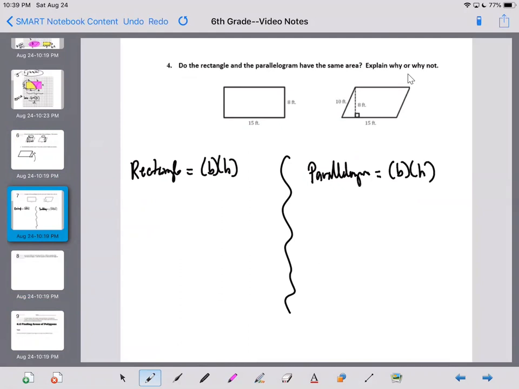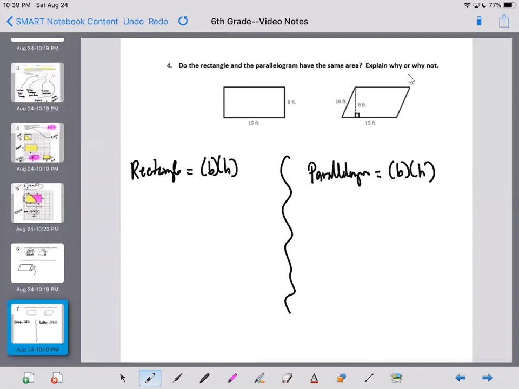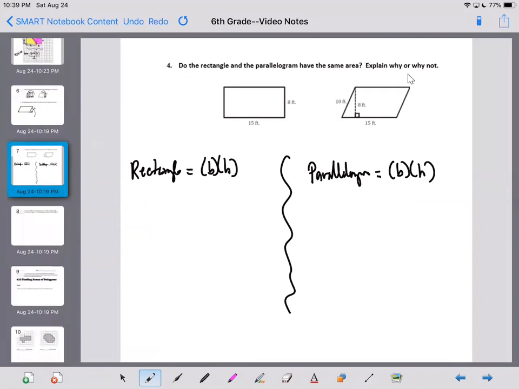And we know that based on some of the previous deriving of those formulas, and you can go back and look at that again. But with the rectangle, that area is going to be 15 multiplied by 8. And the parallelogram is going to be base, which is 15, but notice where the height is drawn. It's going to be 15 by 8.